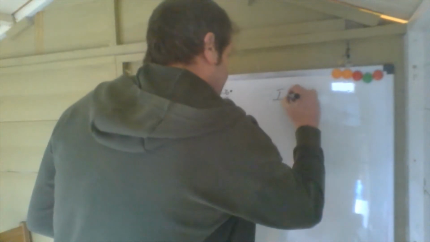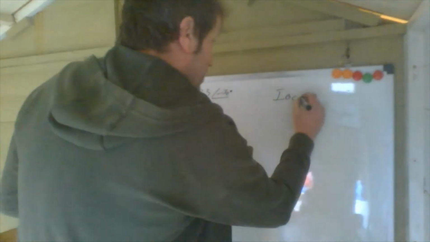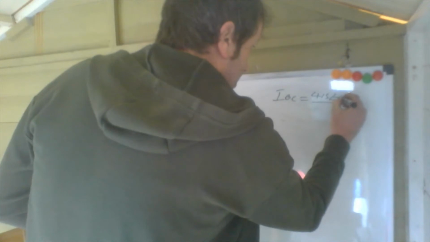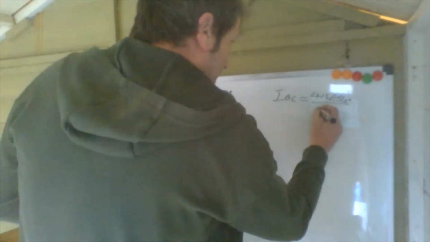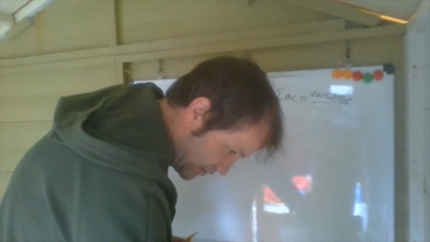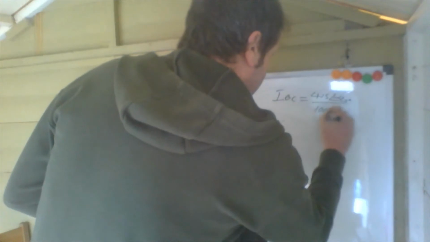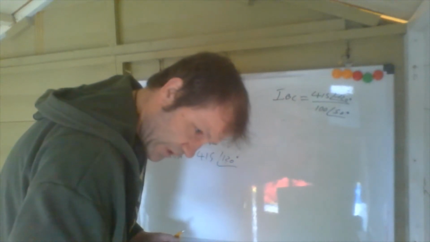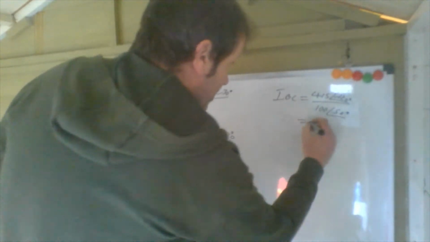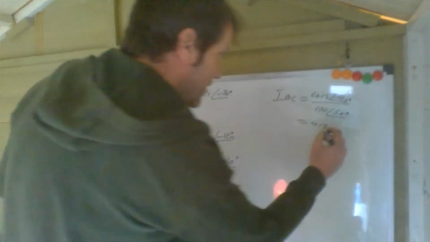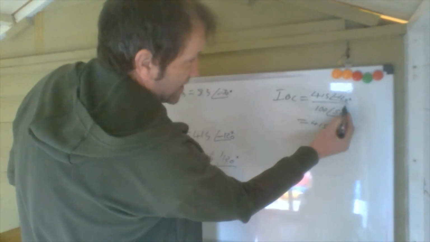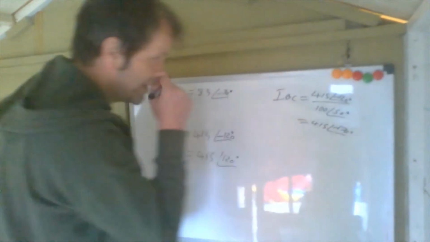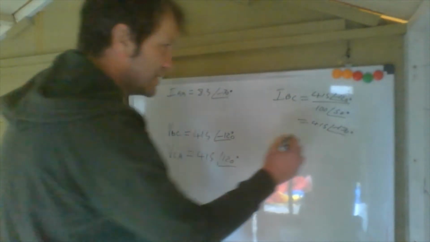So let's find out IBC. You see that? Equals 415, and we're using the minus 120 degrees from here, divided by ZBC, which was 100 ohms at 50 degrees there, which equals 4.15. Remember, that's minus 120 minus 50, so that's going to be minus 170 degrees, amps.